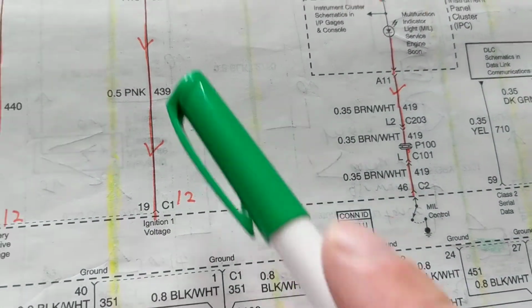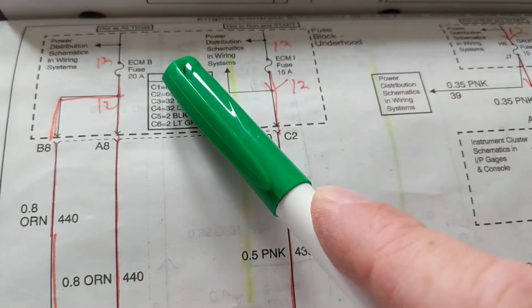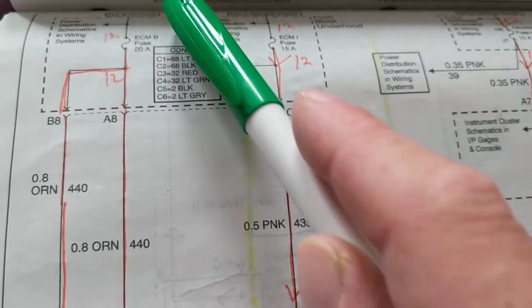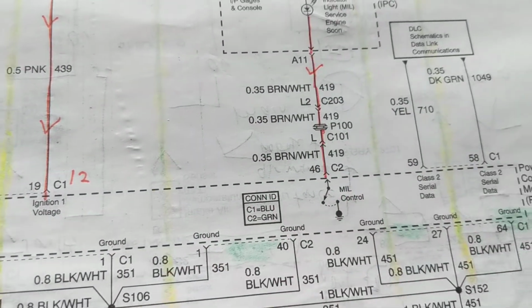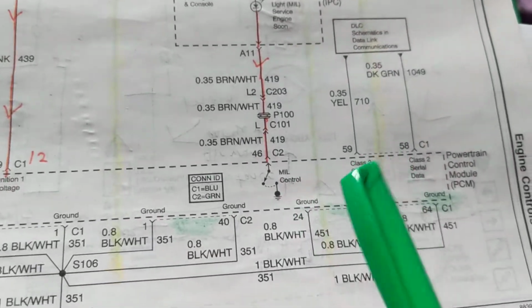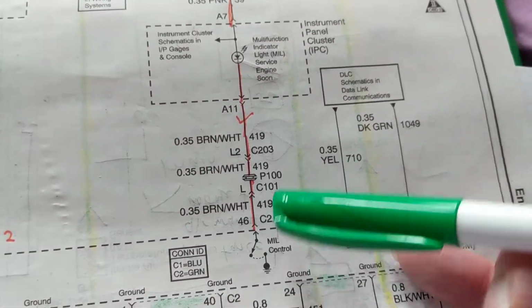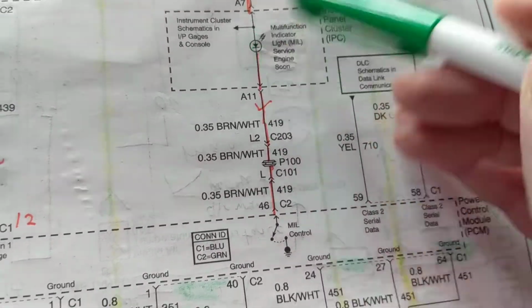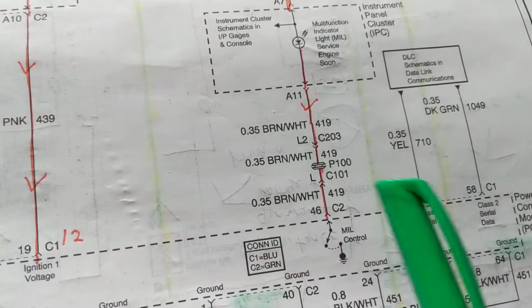It's not blown. It's giving it 12 volts. ECMB is good. All the voltages are going to the computer, and it has a proper ground. Therefore, it closed this ground to self-test this one. That's our indication number one, that the computer is getting its voltage and its ground.